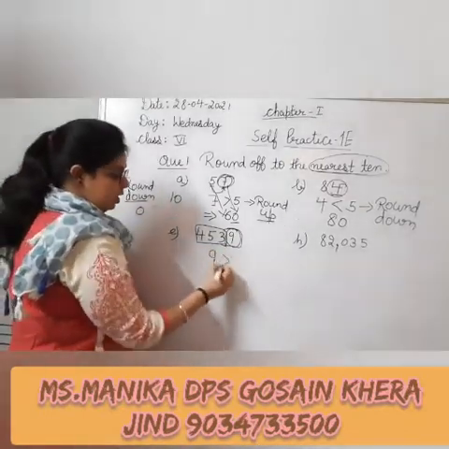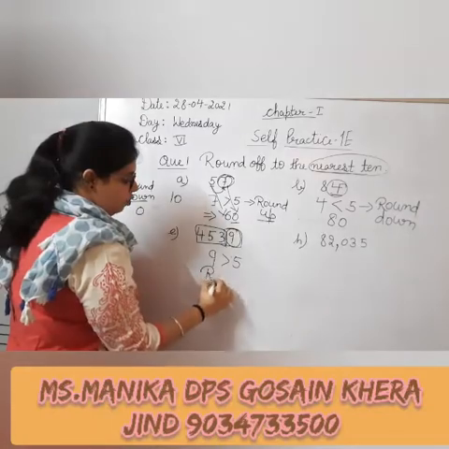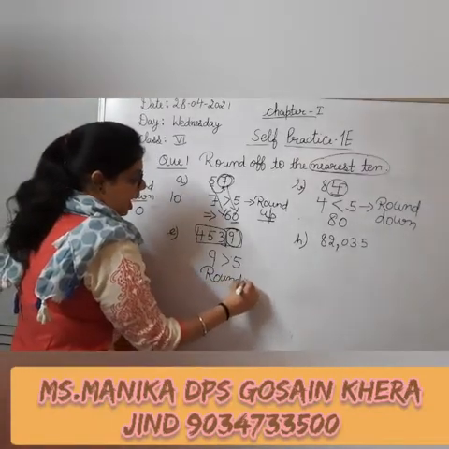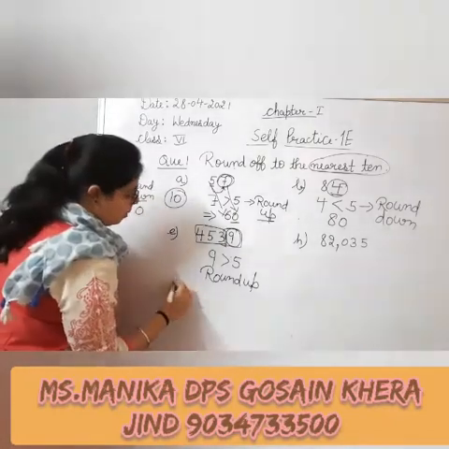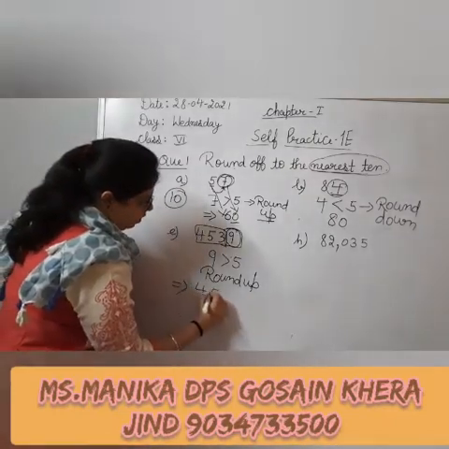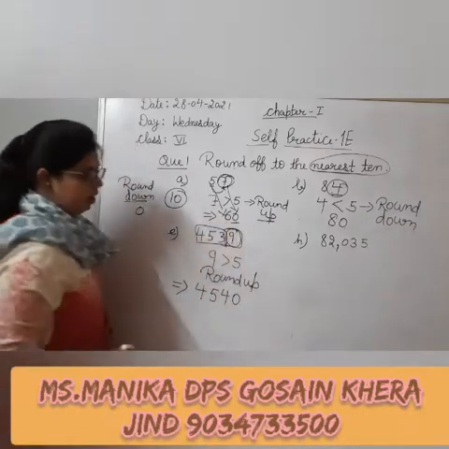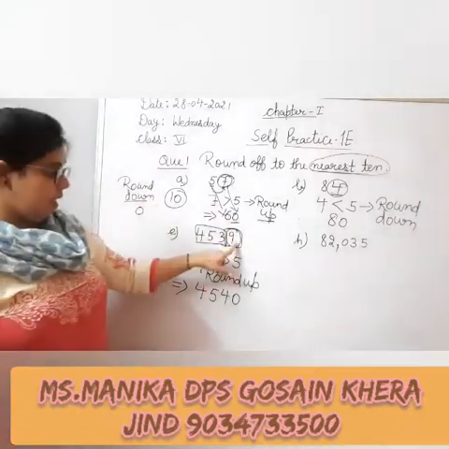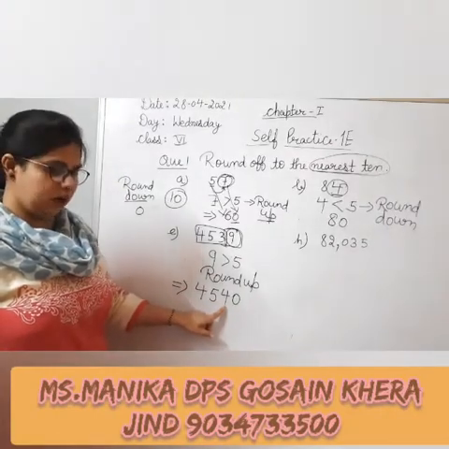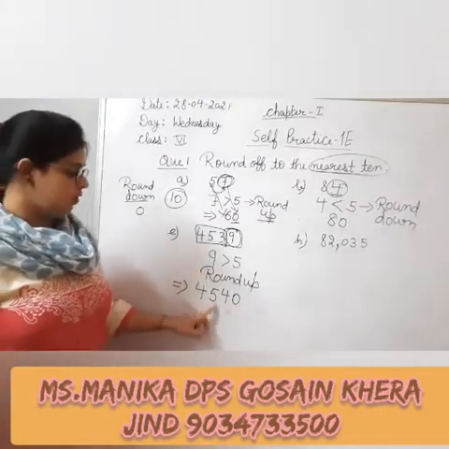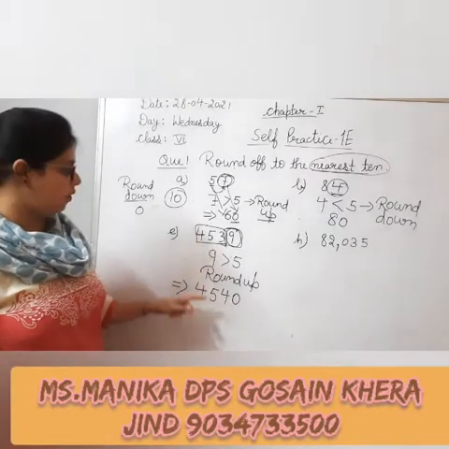Now 9 is greater than 5, so we have to round up. So by rounding up, we will get 4540. The 9 becomes 0, and the 3 increases by 1, it will give you 40. So 4540 is the rounded-off number of 4539.